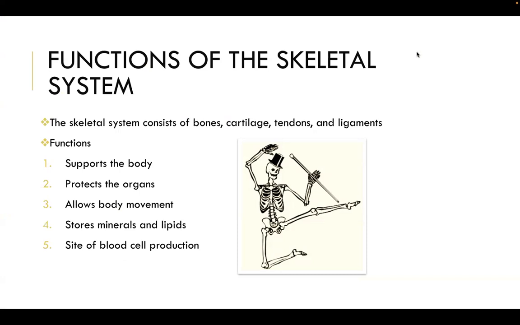Bone or osseous tissue is composed of inorganic salts like calcium phosphate and calcium carbonate. The inorganic salts found in osseous tissue give bones their hardness, and bones are surrounded by a fibrous connective material. Remember, when we talked about chemistry and organic and inorganic substances, it's easy to remember that bones are made of inorganic substances because think of cremation.